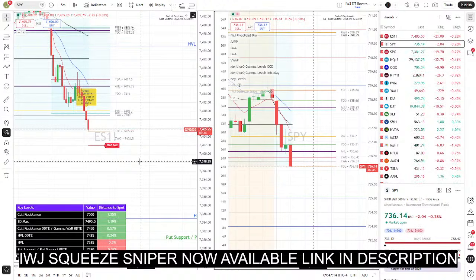So I can't tell you what the profit level is because we want to capture as much of the squeeze as we can. So as long as the market has the conditions for a downside squeeze here, we're going to let the trade run, and then when those conditions change or we hit the stop, one or the other, that's when you are out of the trade. So take profit one I can't give you on this version of Sniper because of the way it works. So you just got to be locked in on the trade.